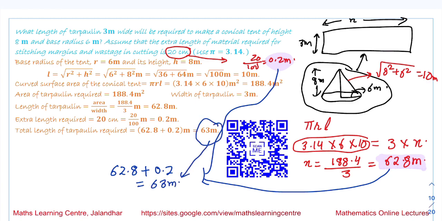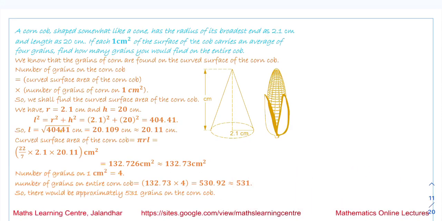Now next is, a corn cob shaped somewhat like a cone has the radius of its broadest end as 2.1 centimeter. So we are considering that it is just like a cone with the base radius 2.1 centimeter, and length is 20 centimeters.